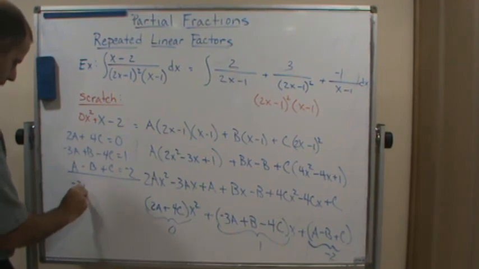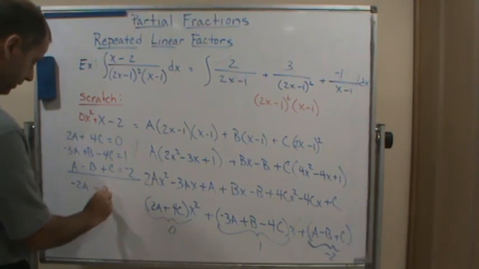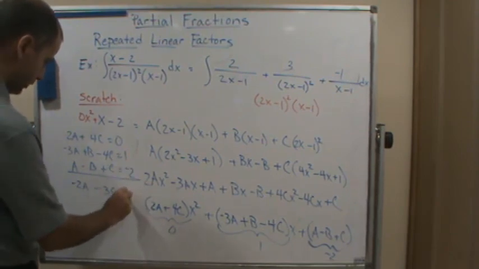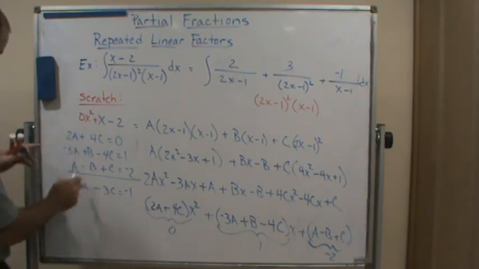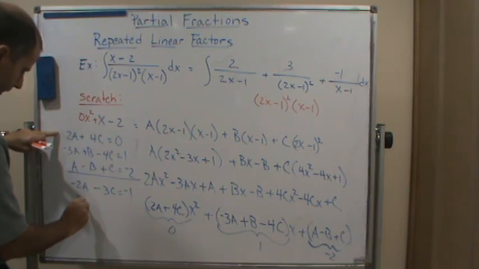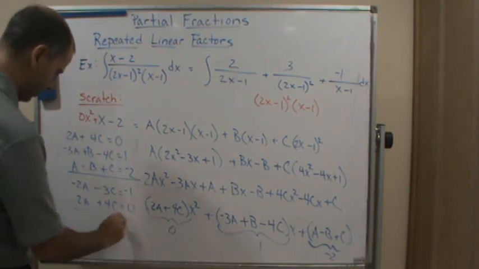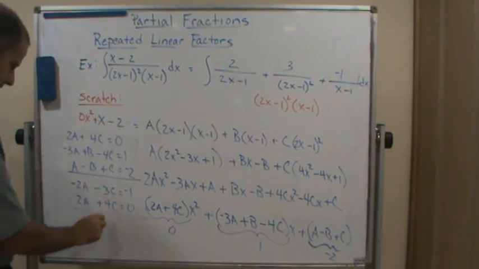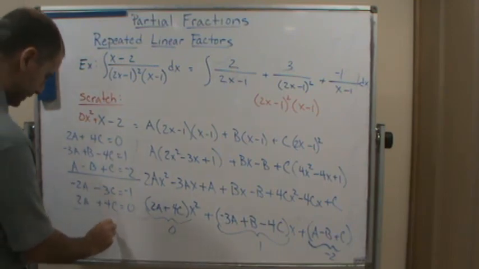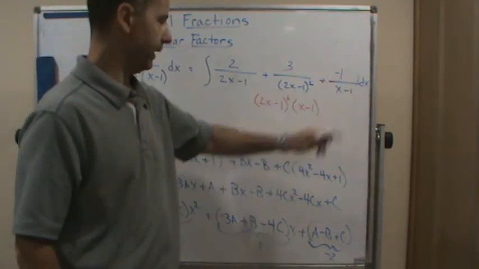We get negative 2a minus 3c equals negative 1. And now we've got two equations with two unknowns. So we've got 2a plus 4c equals 0. And now we can add again because these two have opposite values but the same coefficient. So if we add these down, we get c equals negative 1, which is what we got here.